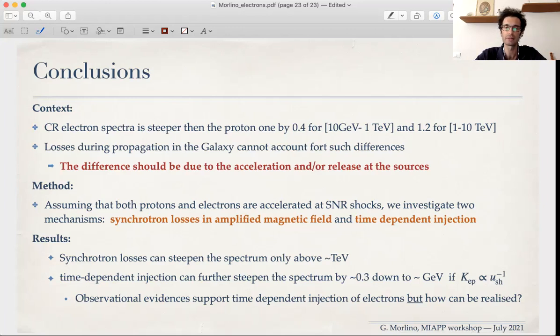The results are that synchrotron losses can steepen the spectrum only above roughly a TeV, while time-dependent injection can further steepen the spectrum by 0.3 down to GeV energies if the electron to proton ratio is proportional to the shock speed to the -1. And we discussed some observational evidence supporting this inverse proportionality, even if it remains to be understood why this is happening, which is the physical mechanism behind this behavior of electron injection.